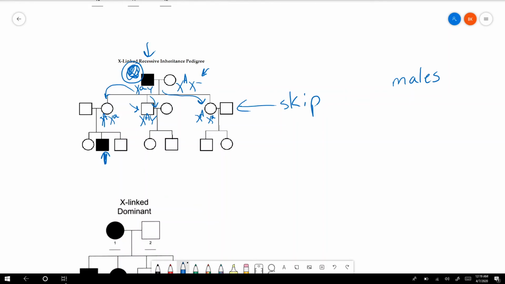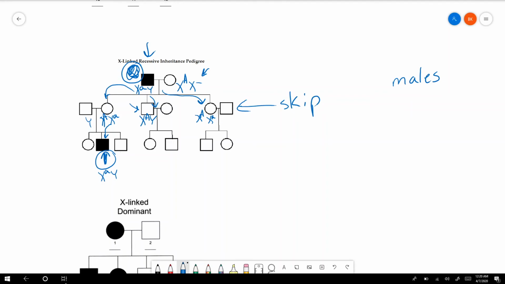And so how do we work out this guy? He's affected. He only gets his X chromosome from mom, so we know that this one came here. All right, so we know he got an X little a from her, and he got the Y from dad. And so we can begin to figure out how these patterns work.